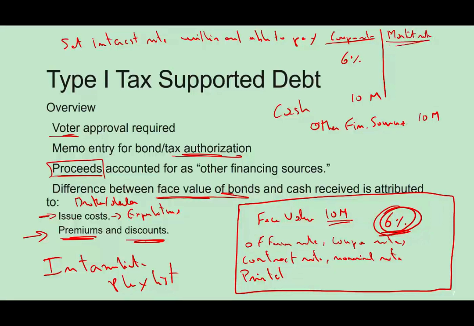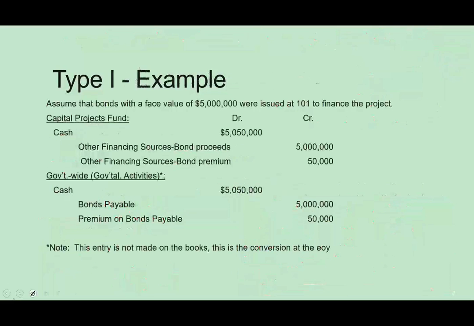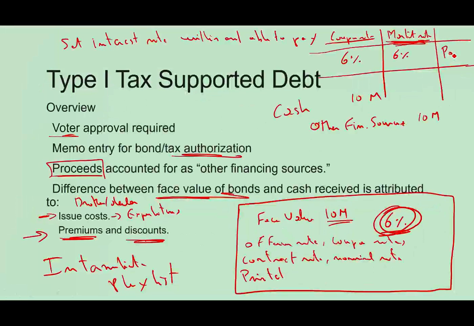Let's assume they're also paying 6%. That's usually not the case, but if similar bonds are paying 6%, then your bond will sell at what we call par value, or face value. In that situation, you would actually receive $10 million.